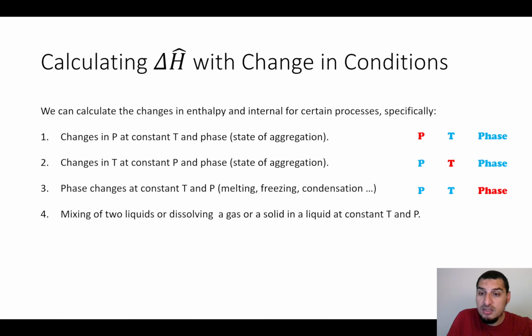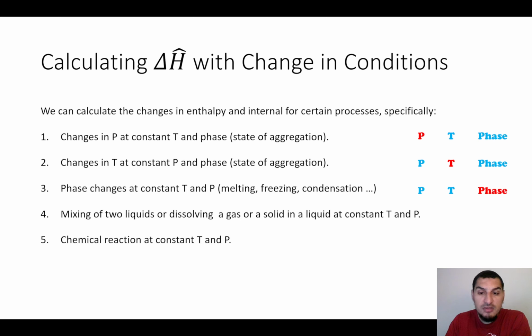There is one extra case which is related to mixing more than one component. If we have mixing of two liquids, or dissolving gas and liquid, or there is mixing of more than one component, which we call the heat of mixing, which is one other parameter that affects the enthalpy.